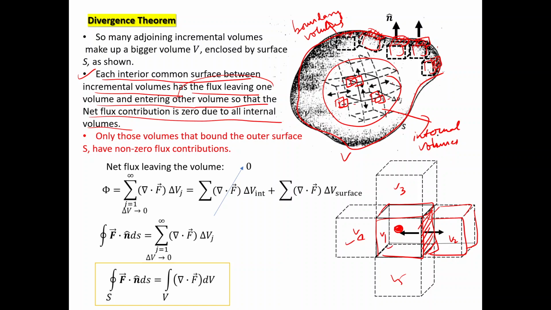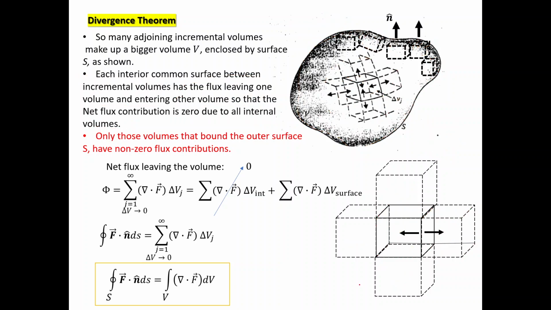For V4 and V1, this is the common surface. Similarly for V3 and V1, this is the common surface, and for V5 and V1, this surface is common. Now once again, for V1, at this surface the outward normal will be in this direction.